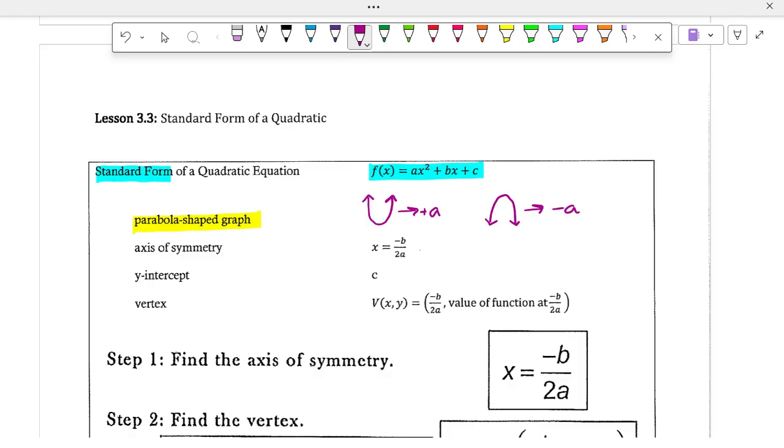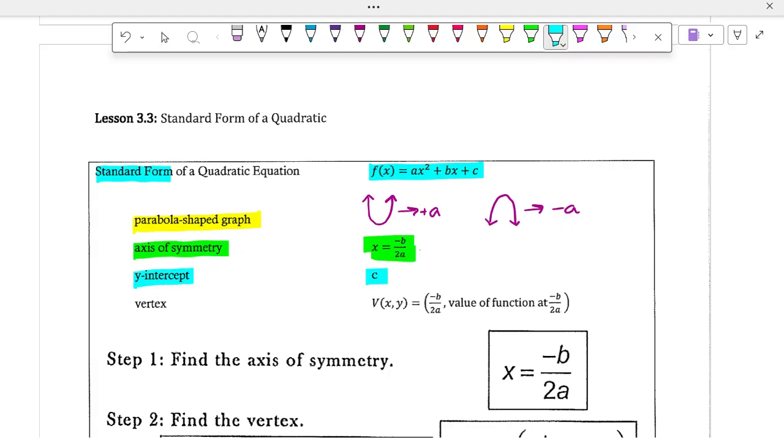Now, the axis of symmetry we can get by using this formula. So we take the b value, make it negative, divided by 2a. That's our axis of symmetry. The y-intercept is just the c value.